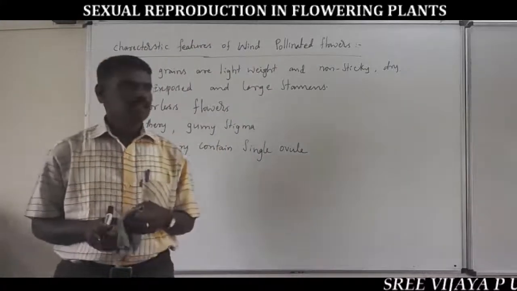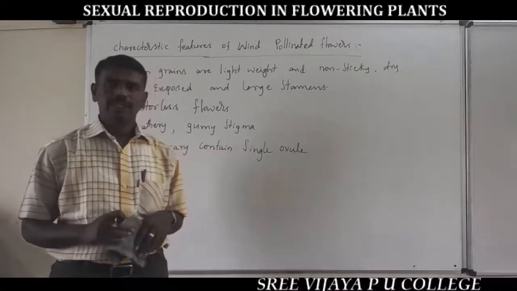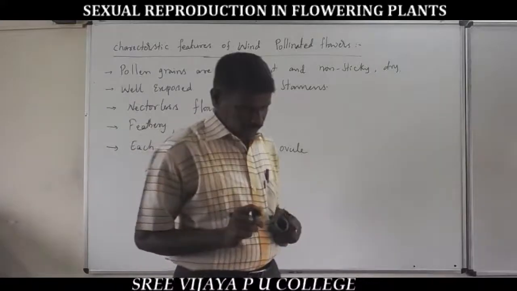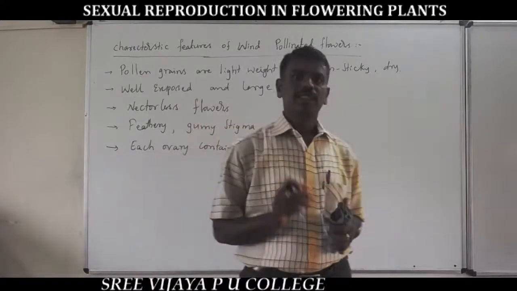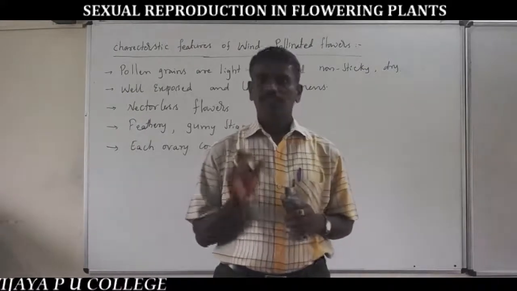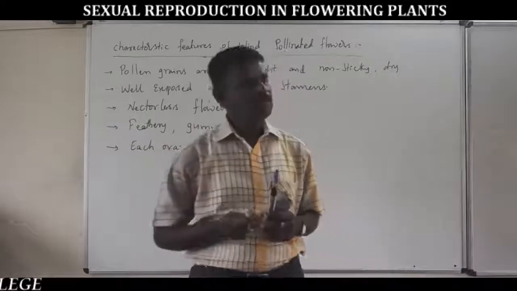So yesterday, in the last class, we discussed pollination. Pollination is nothing but the transfer of pollen grains from anther to stigma of the same flower, which is called autogamy.